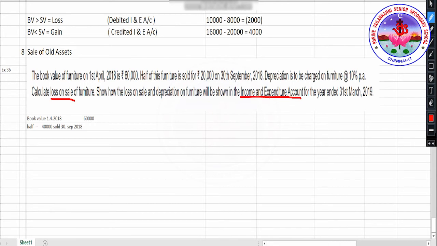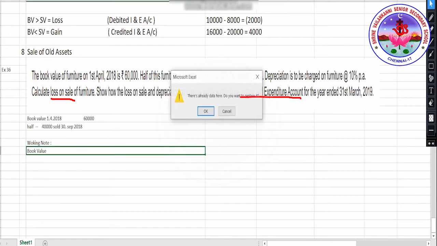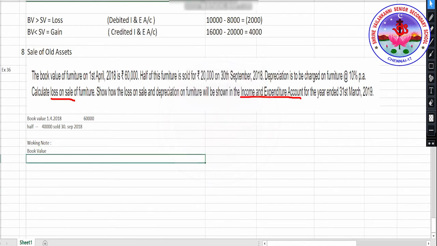First, I want you to focus here. We need to do a working note. I'll explain till the time permits. The opening book value is 60,000.